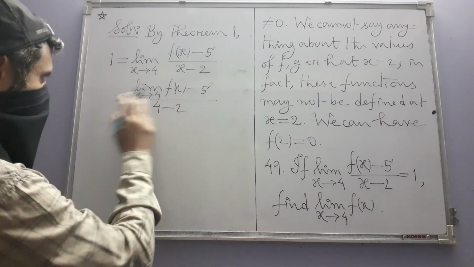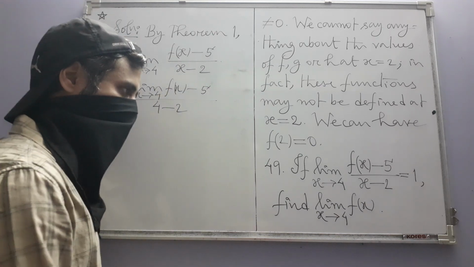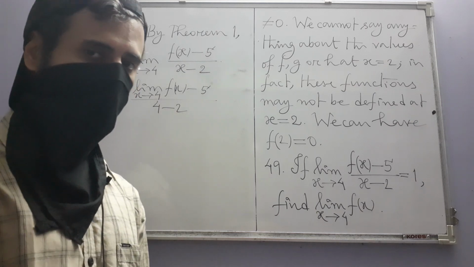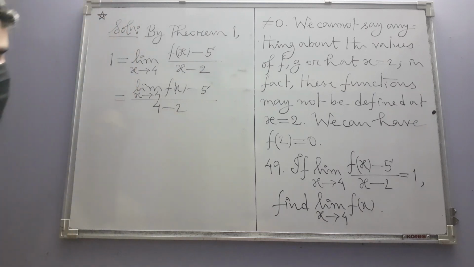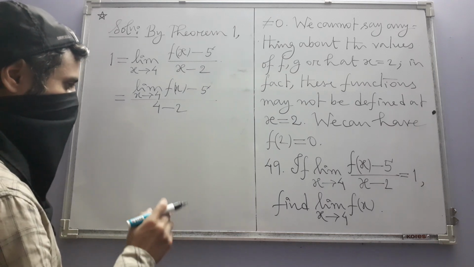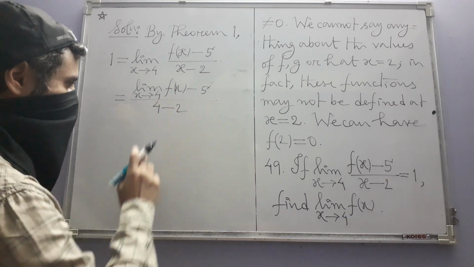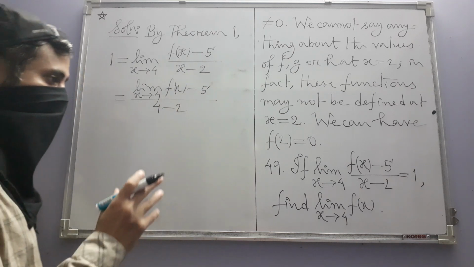Okay, and then you solve for this limit and you get the value. But there is a slight problem in doing so. That's because we can apply theorem 1 only when we know that the functions we are dealing with all have limits.